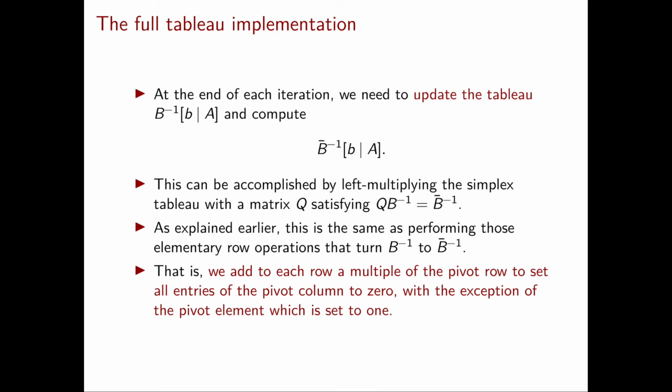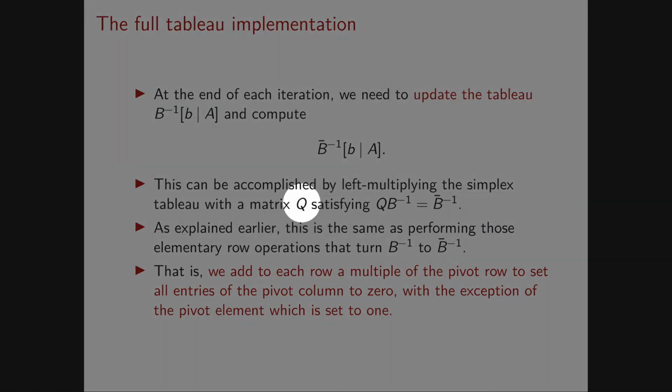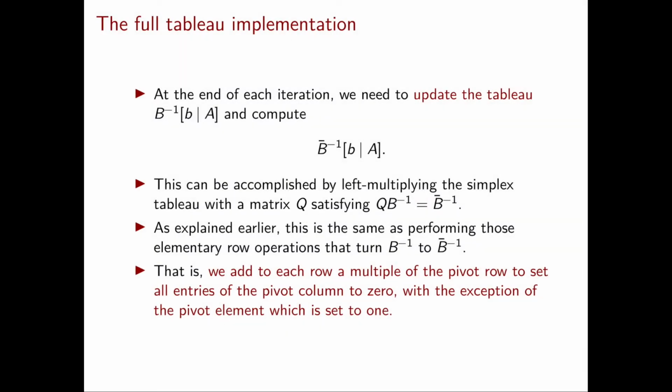Given what we have understood in the revised simplex, this is very easy. In fact, we know how to transform B inverse into B bar inverse by multiplying on the left by our matrix Q. So everything we need to do to correctly update the tableau is to multiply on the left by the matrix Q that we already discussed in the revised simplex method.